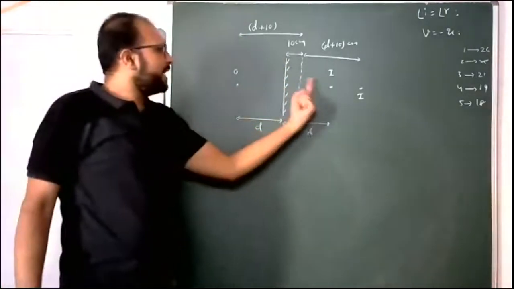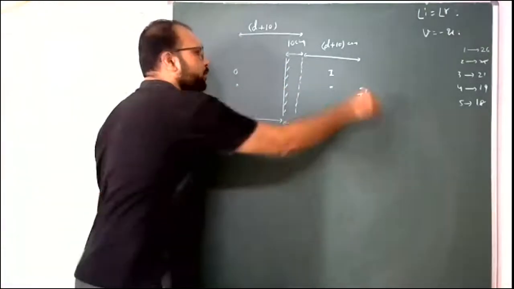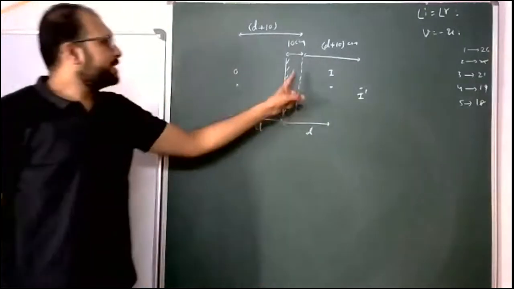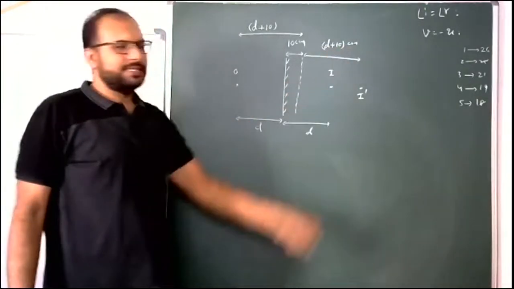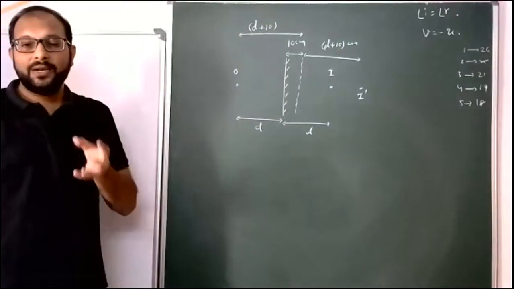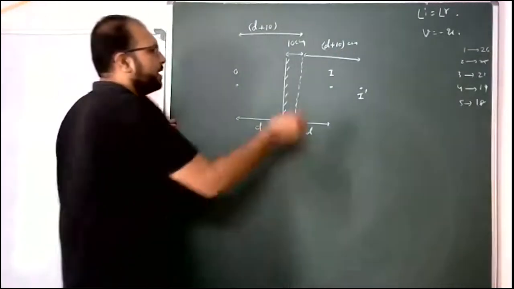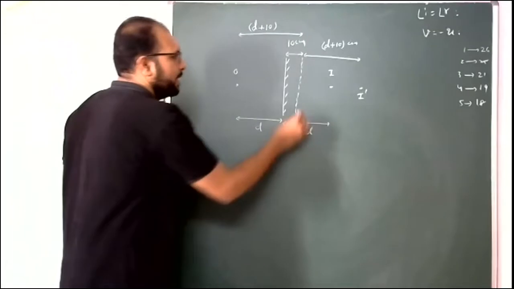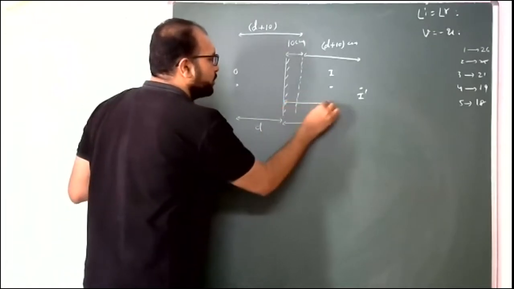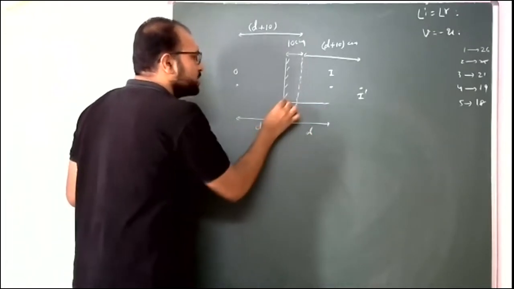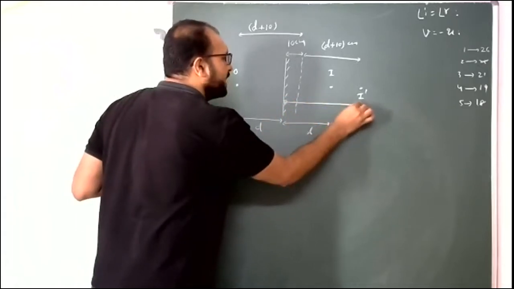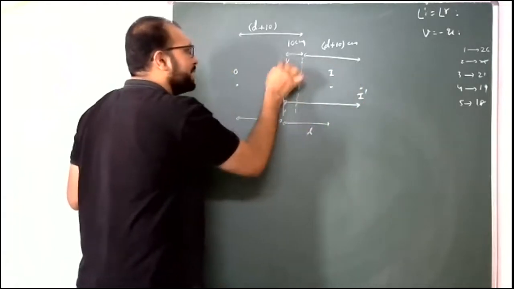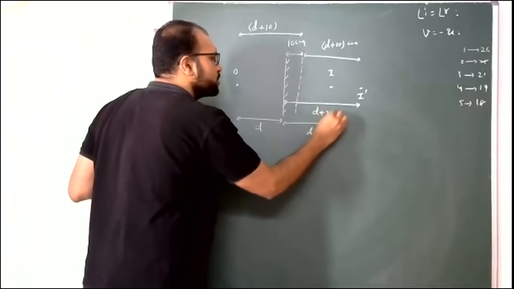So students, from here to the new image, this distance is d plus 10. But originally the image from here to here was already d. So that's why here to here, d plus 10, no, plus 10, total d plus 20.